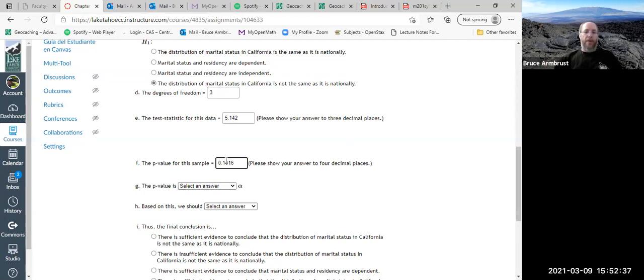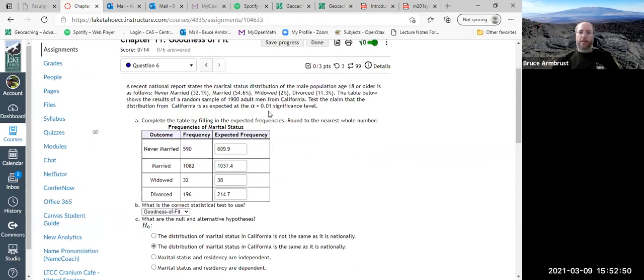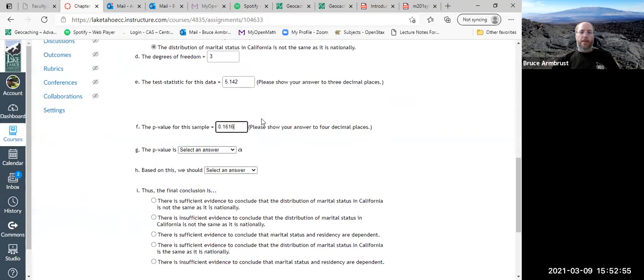And this is really what matters, the p-value, as opposed to the test statistic, when we do our hypothesis test. Because now we want to compare that to alpha, and we were at the 1% significance level, 0.01. So that means my p is bigger than my alpha. All right, so what do we do when p is bigger than alpha? Every time, what do we do?